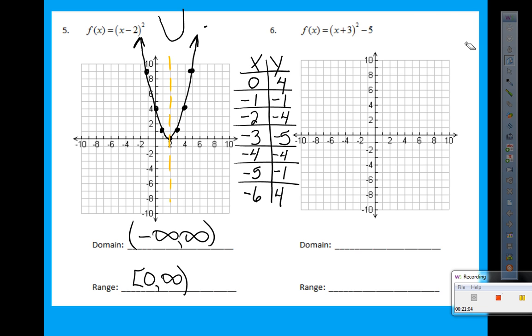So something I should see again, it's a squared, so I should see a parabola. So here goes. I'm going to go 0, 4, negative 1, negative 1, negative 2, negative 4, negative 3, negative 5, negative 4, negative 4, negative 5, negative 1, and negative 6, 4.